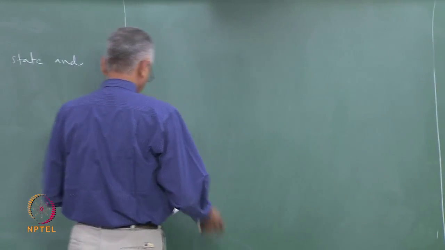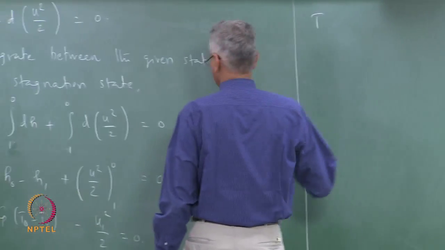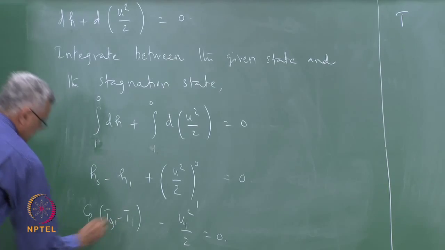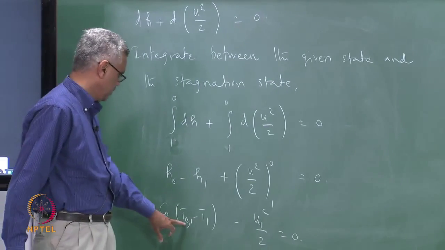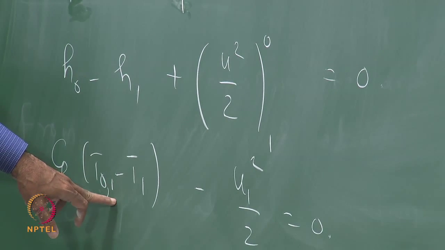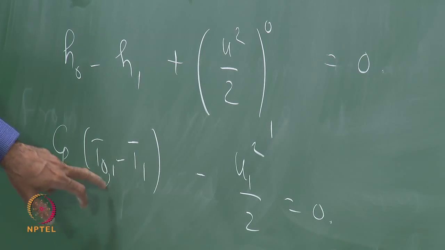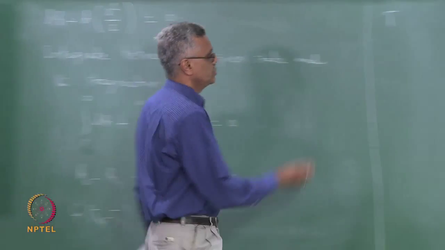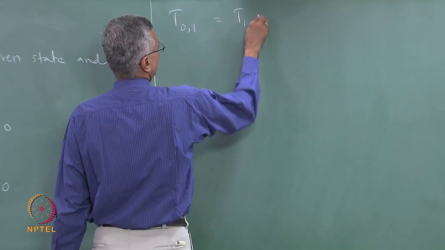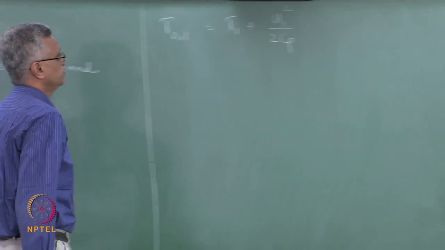So if I rewrite this equation, I can do the following. I can write this as, this is Cp times T0 from the static state 1. So the stagnation state is denoted as 0 and the additional subscript tells that the static state is 1. This is the stagnation state corresponding to static state 1. That is why we are adding that subscript. So this is T0 1 is equal to T1 plus U1 square divided by 2 Cp.